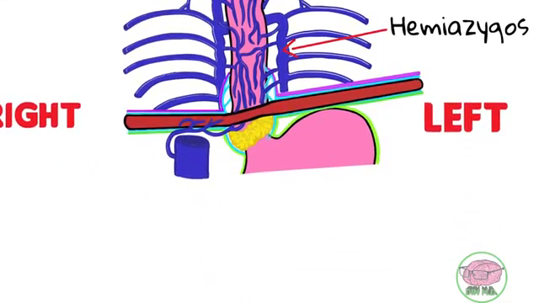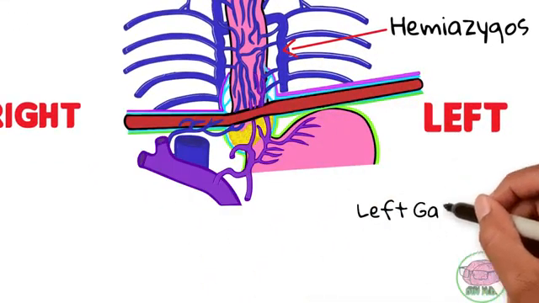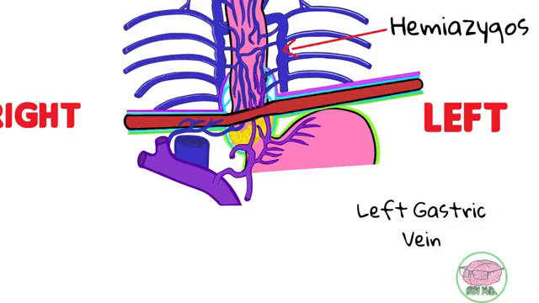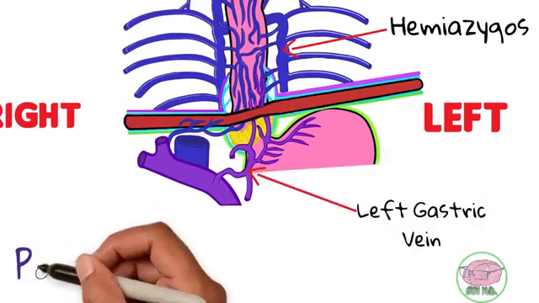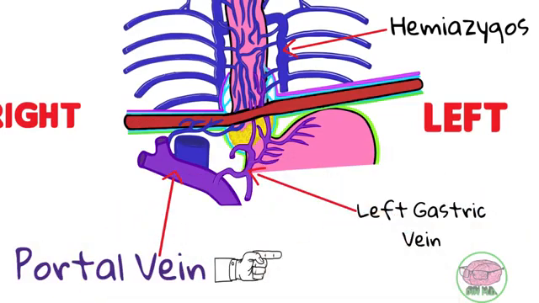The abdominal esophagus drains to the left gastric vein, but the left gastric vein is a branch of the portal system. The portal system with the portal vein is a specific type of system for the gastrointestinal tract that is separate from the systemic venous drainage.